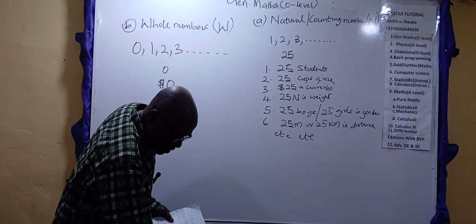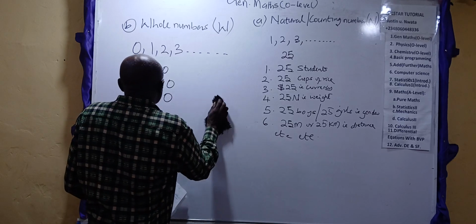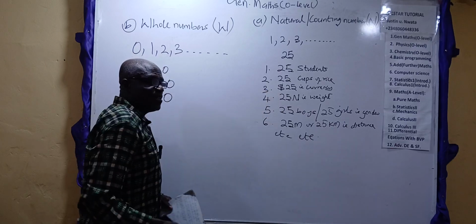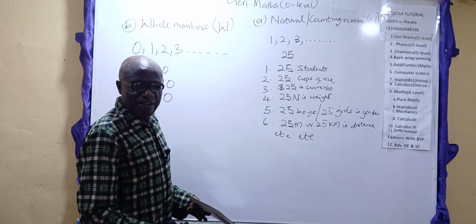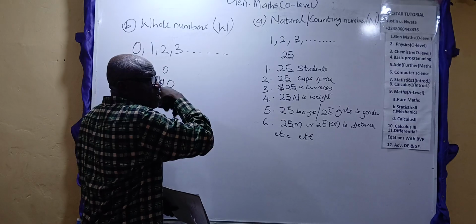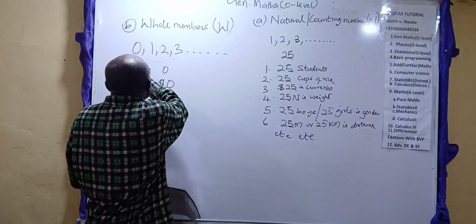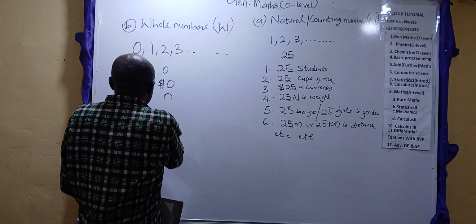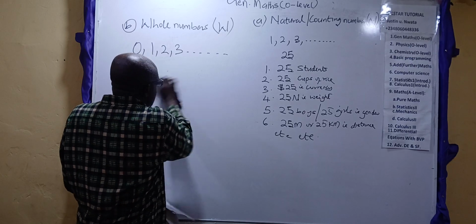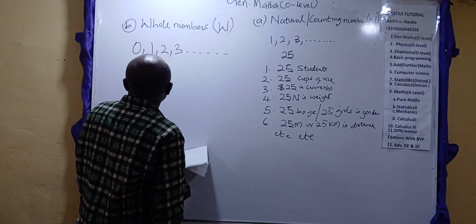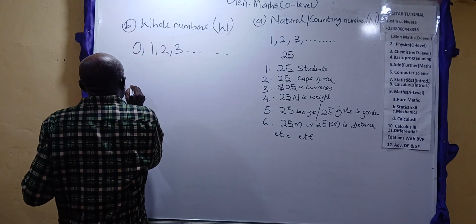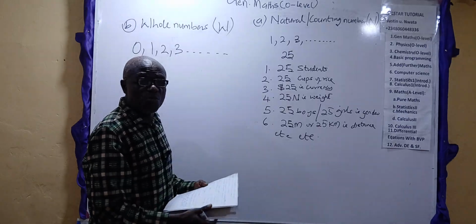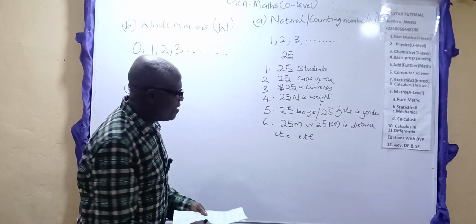So life progressed. It has always been a problem. Whenever you change from one number system to another number system, there must always be resistance. When this one came out, some people accepted it. It took thousands of years again before these whole numbers were accepted. Now, as the world continued to use this number system called whole numbers, later on, they found out that these whole numbers could not solve such things they were coming across in life.